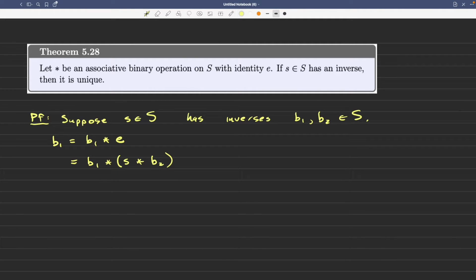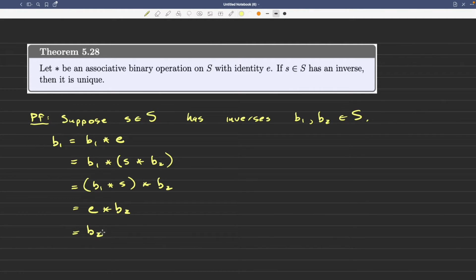But now I have associativity, so I can regroup like this. I can do b1 star s star b2, and probably at this point you see where things are going. b1 star s here, because b1 is also an inverse of s, is the identity. So I can just cancel that off and have e star b2, and then e star b2 is b2.